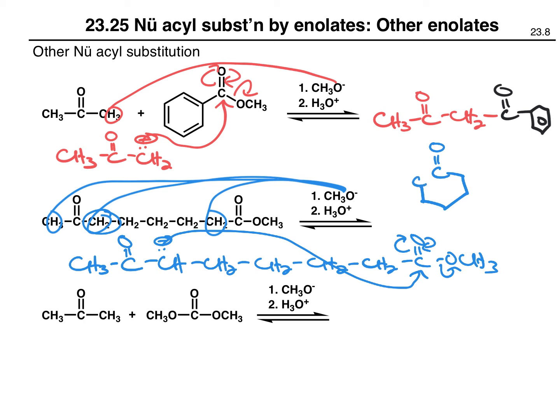This is the CH that was the enolate, and so this is also connected to the C double bond O and the CH3. So once again, we can have an intramolecular reaction where the enolate can react with an ester within the same molecule, and it gives us a beta diketone.